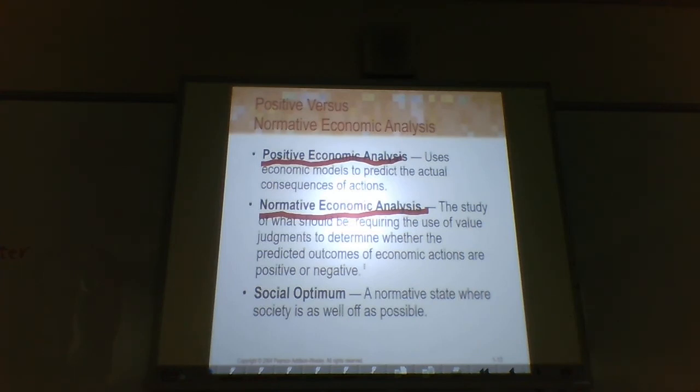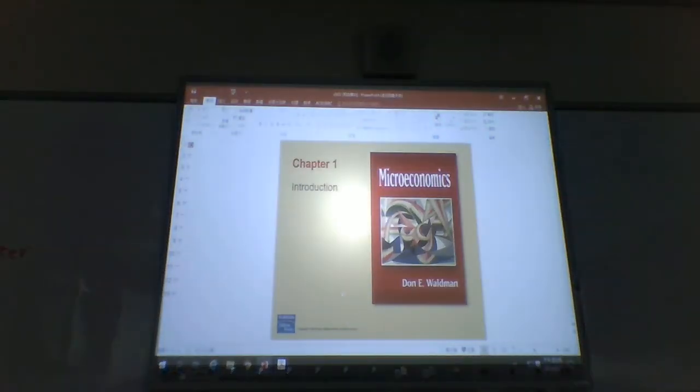So we talk about water, the allocation of water, the tax on renewable energy or carbon tax, all these issues. Social optimum is something that is best for society. Usually, we will use consumer surplus as a benchmark to evaluate social optimum. Okay, so that is about it.